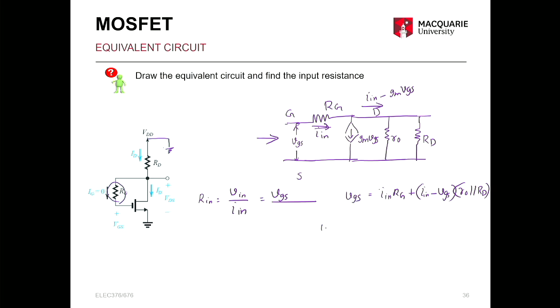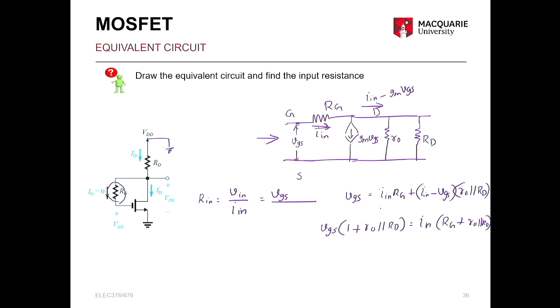Now, taking VGS to one side, VGS times (1 plus gm times R0 parallel RD) is equal to I in times (RG plus R0 parallel RD).